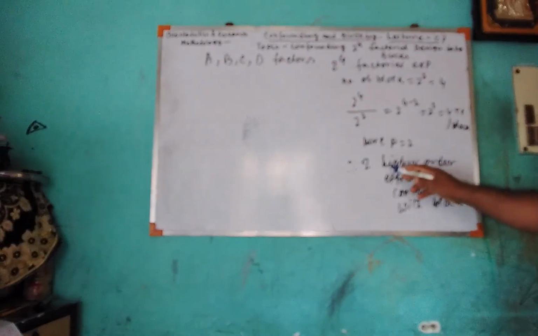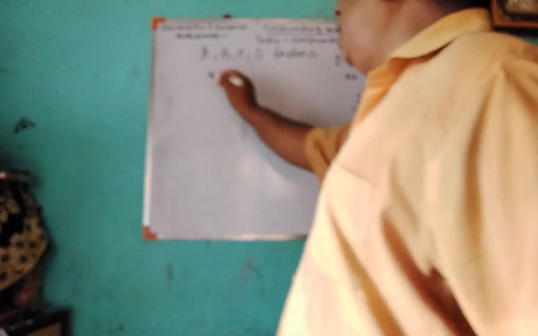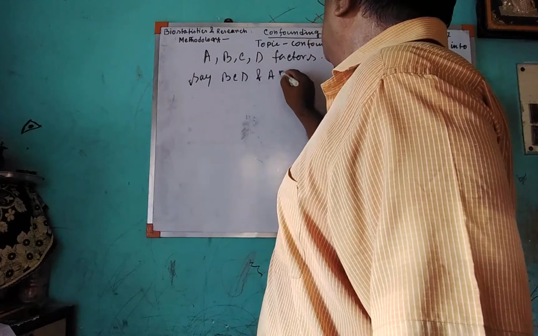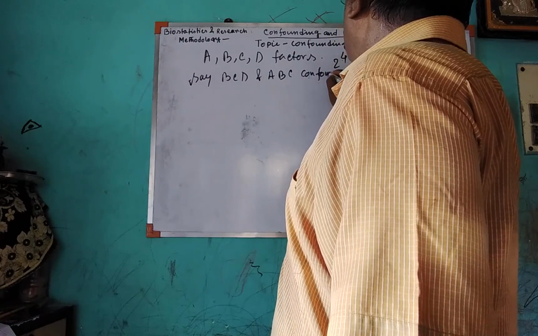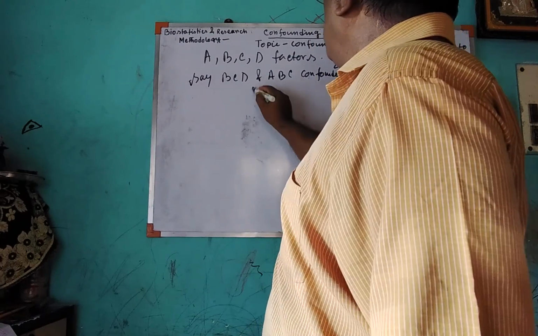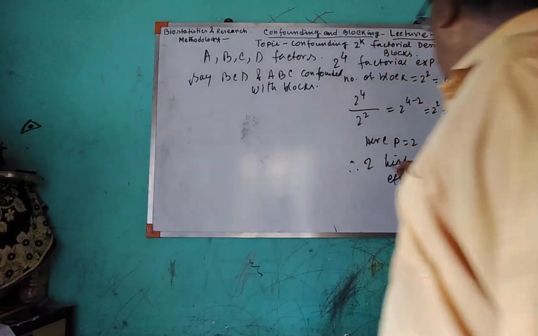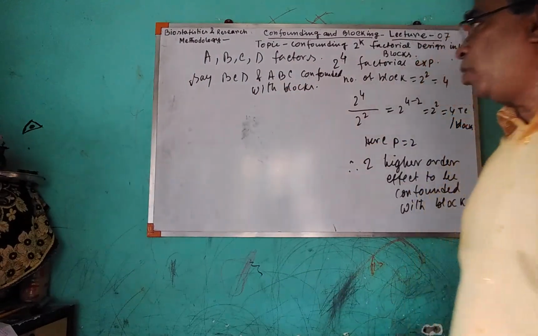So I have taken two higher order interactions to be confounded, say BCD and ABC, confounded with blocks.